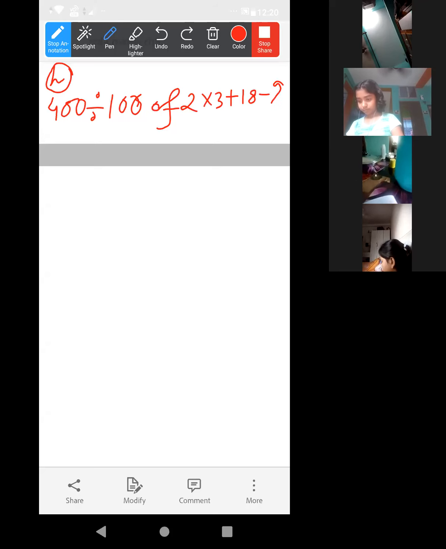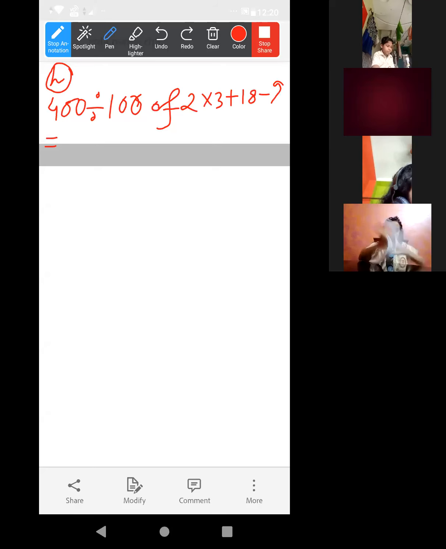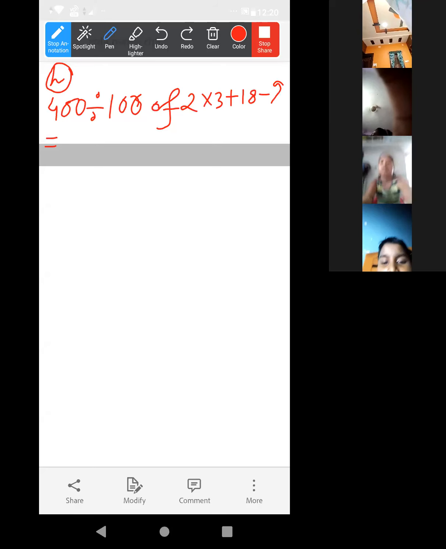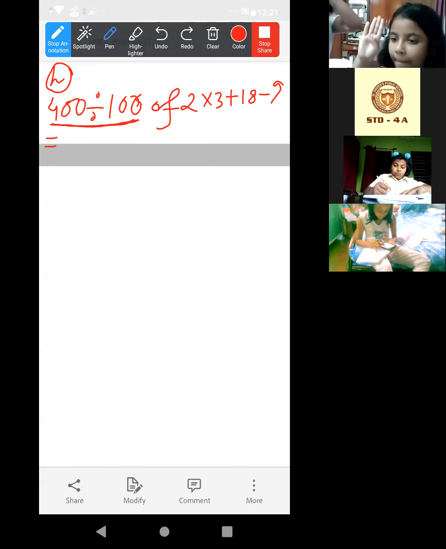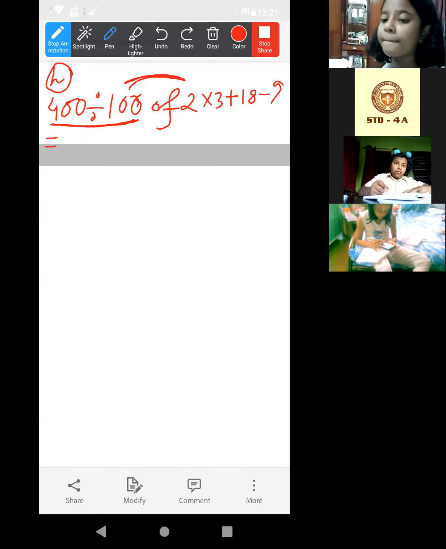All of you write the question. Oishani, Abhipsha, now I cannot see you. Keep your camera on, beta. Achha, first this division or this of? Which one? Ankita, which one? Of or this division?